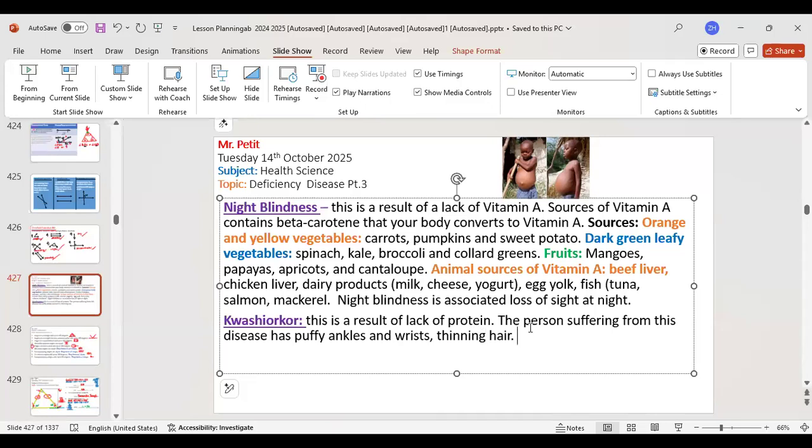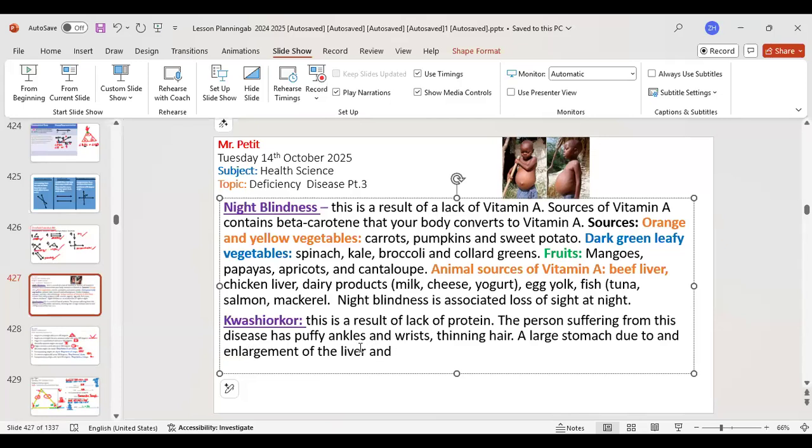But the main thing is the enlarged stomach, a large stomach due to an enlargement of the liver. So in this case, the liver is enlarged, which is why his stomach is bulged like that.